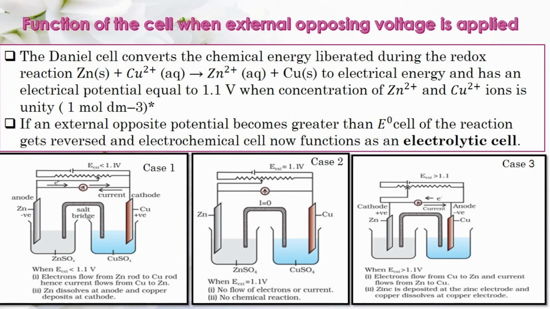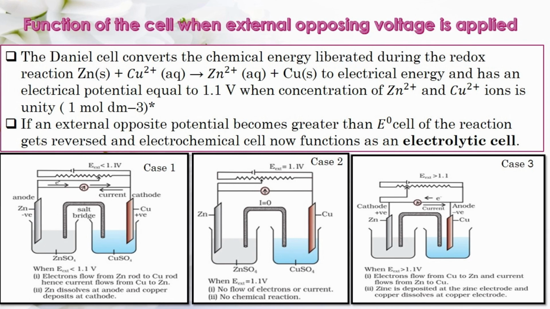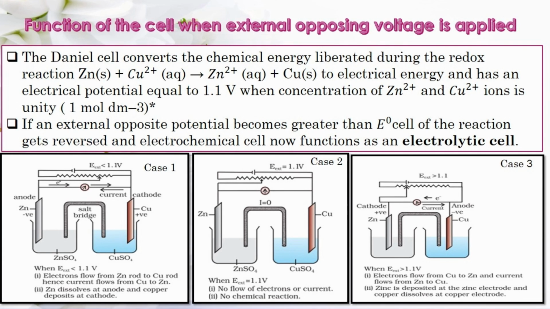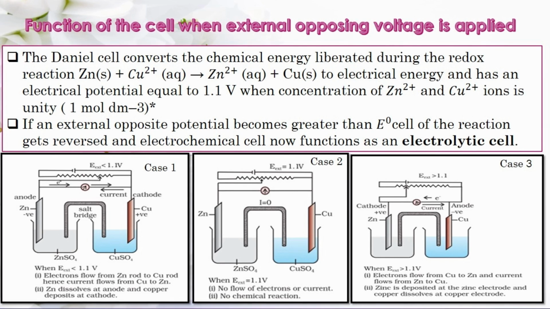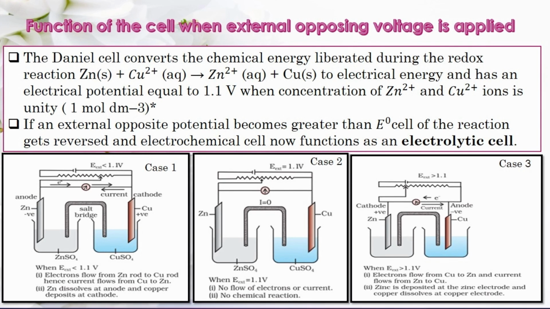The third case is when I apply the external opposite voltage more than 1.1 volt. Now the cell will act as an electrolytic cell. A non-spontaneous chemical reaction will be made to take place because of the external electrical energy that is supplied.